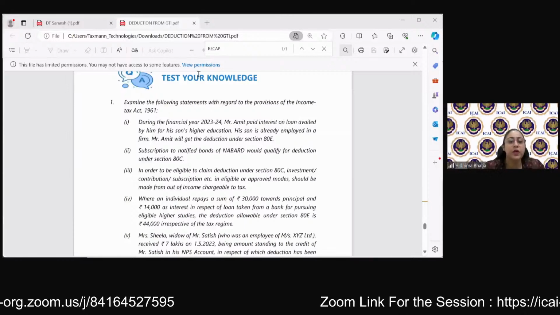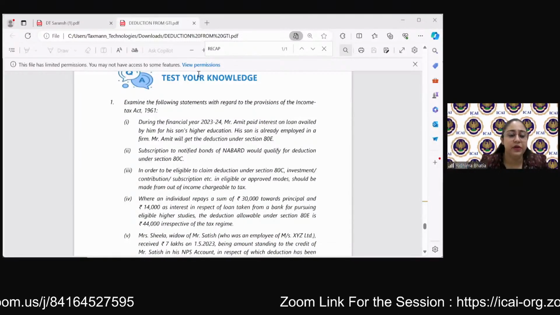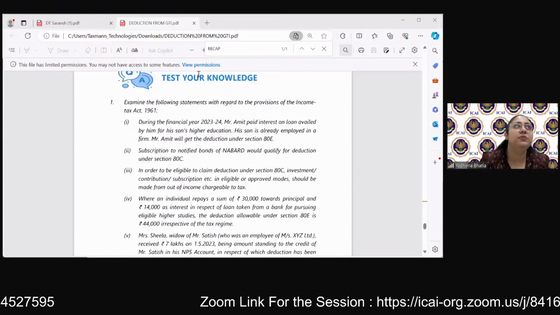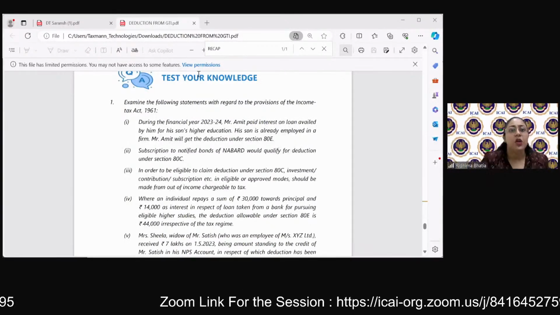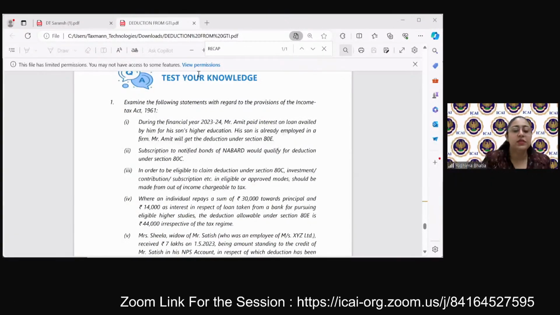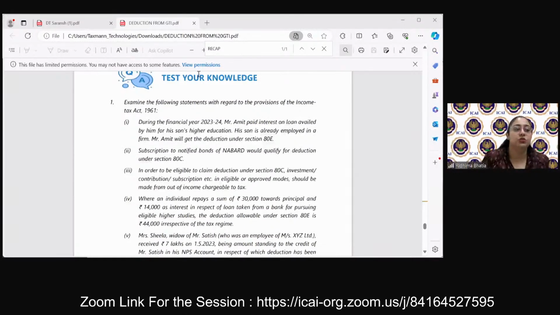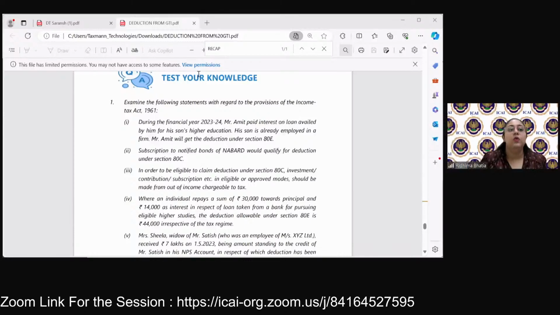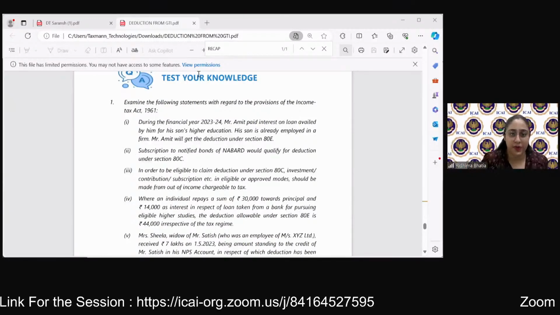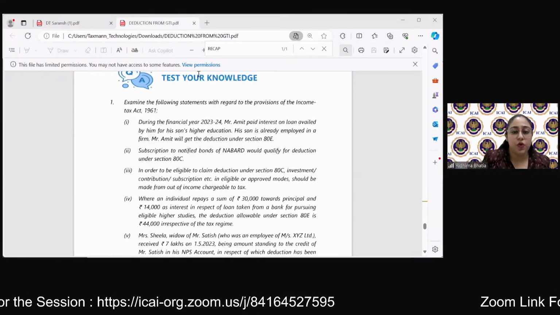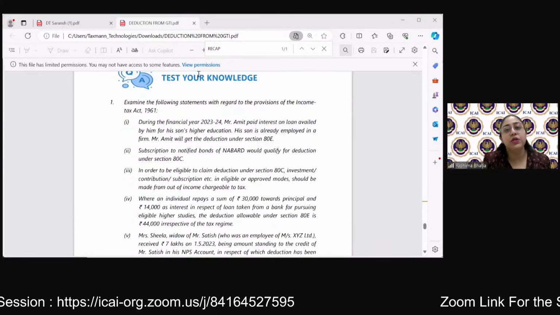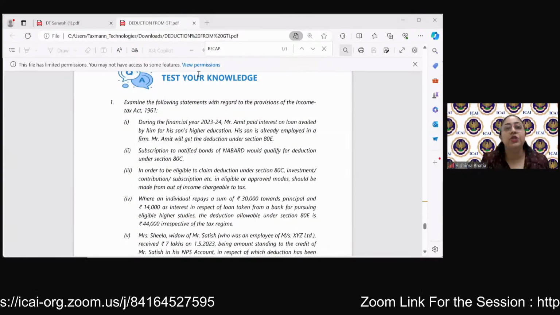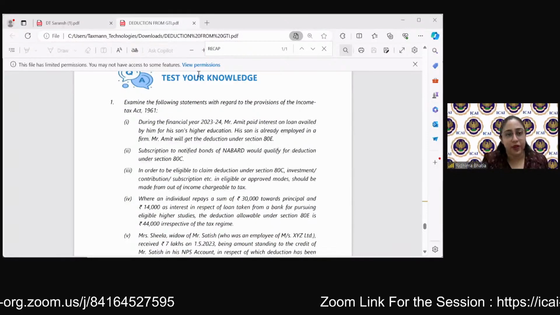Now, suppose, if I have to take an example here, let's take 80DDB and 80D combined. Suppose Mr. X is paying a medical insurance for himself, and this disease which he was treated for was a specified disease. Now, medical insurance paid was 20,000. Treatment cost suppose was 1,80,000, and covered by the insurance company was hardly 1 lakh.